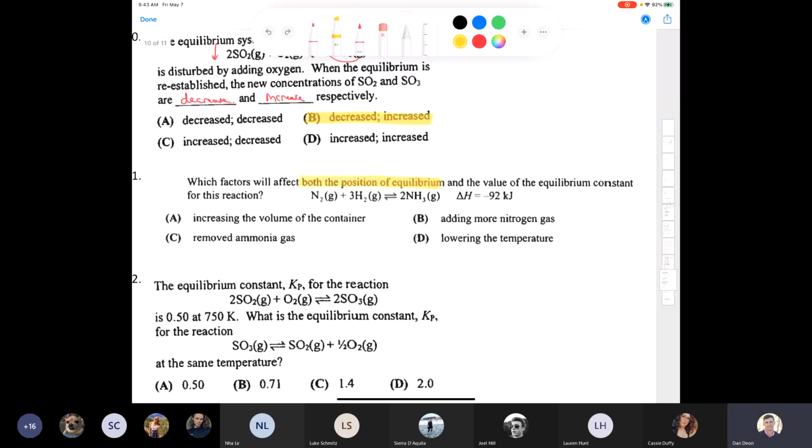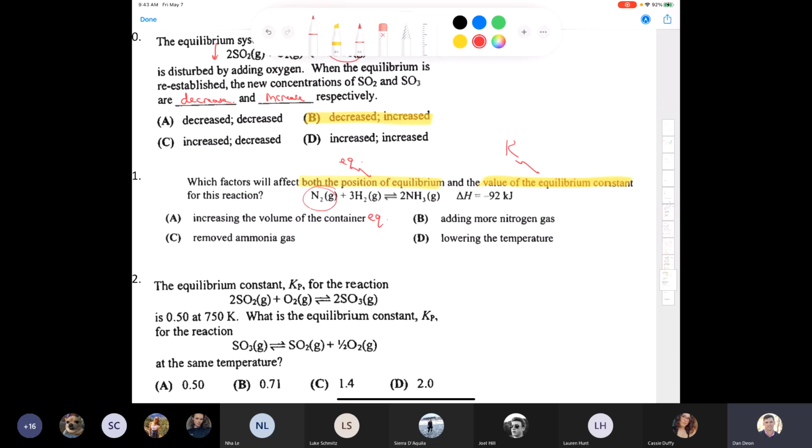And we also want to affect K. If we increase the volume of the container, it's going to push the equilibrium to this side, right? Because we have 4 moles of gas on this side and we only have 2 moles of gas over here. So yeah, increasing the volume of the container definitely is going to affect the equilibrium, but it's not going to change the equilibrium constant, is it?